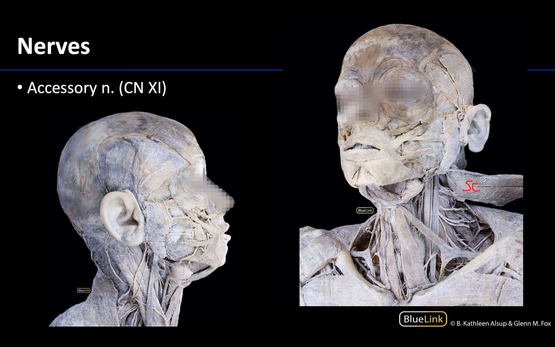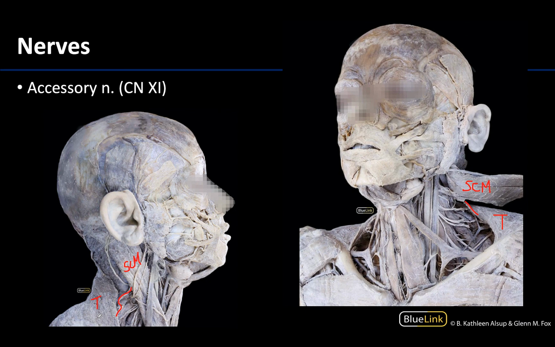So here is the reflected sternocleidomastoid and the trapezius. So you can see a nerve between the 2 here. And if you're looking over at this image, the sternocleidomastoid has not been reflected. Here is the trapezius in the back, and you can see the nerve between these two muscles here.